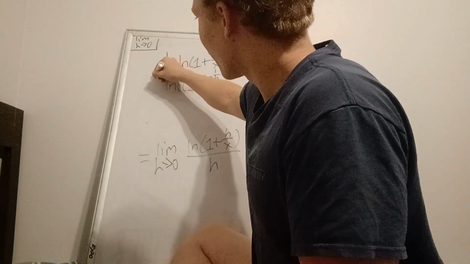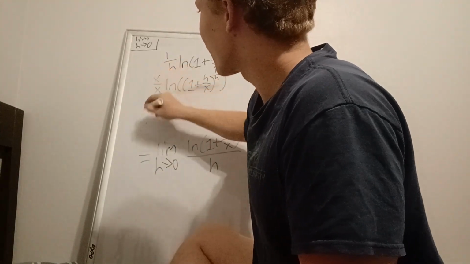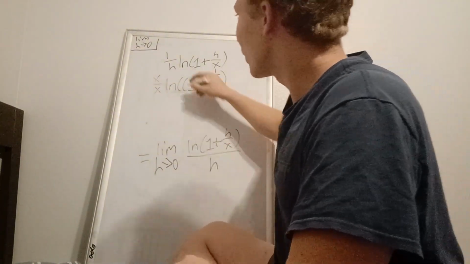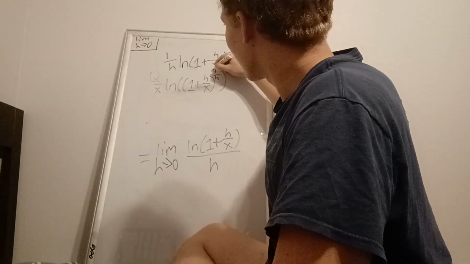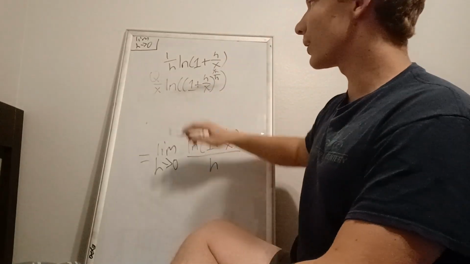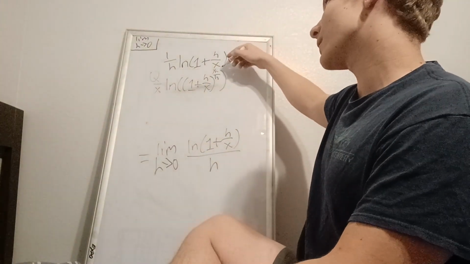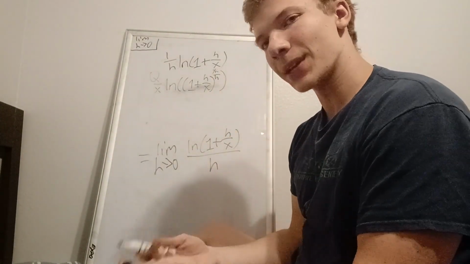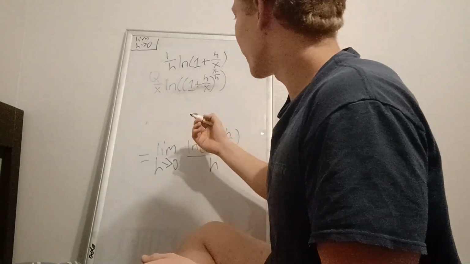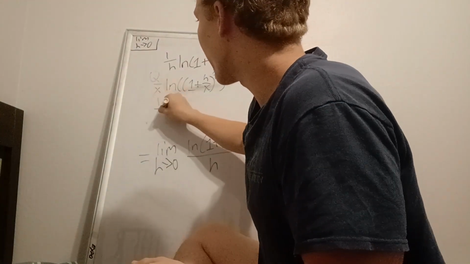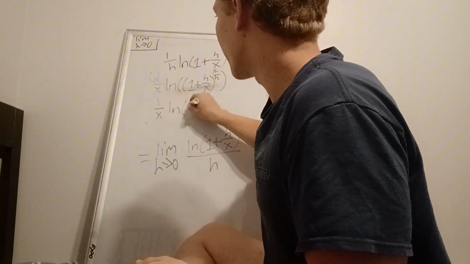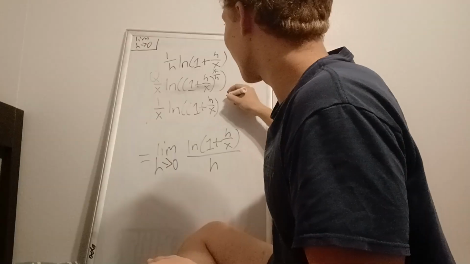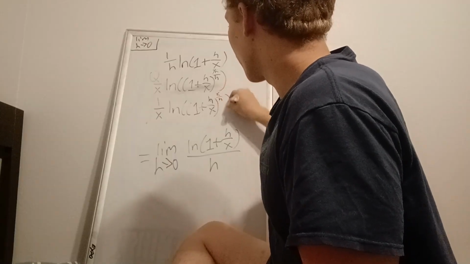If you multiply the front by x over x, remember this is just 1, obviously, so we're not changing anything, we can take this x and put it to this exponent, right? Because when you raise the exponent to another exponent by the log rule, you multiply them together. 1 over h times x is x over h. So what we're left with is 1 over x times the natural log of 1 plus h over x, to the x over h.